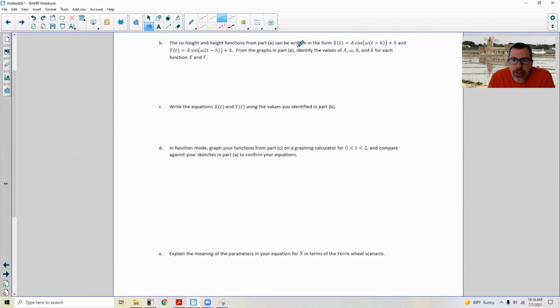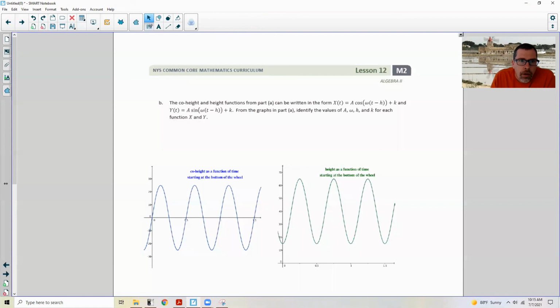From the graphs in part A, identify the values of A for amplitude, omega, H for phase shift, and K for vertical shift for each function, X and Y. All right, so it says co-height and height functions from part A. So let me bring those over so we can look at them while we're doing this. Okay, so here we go.